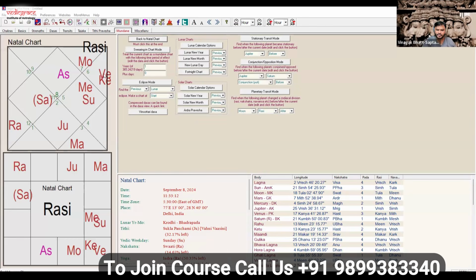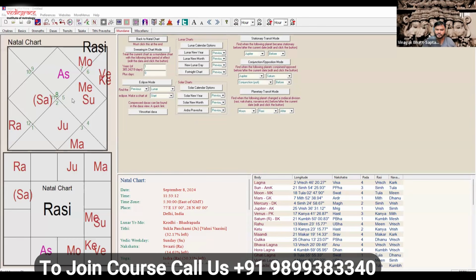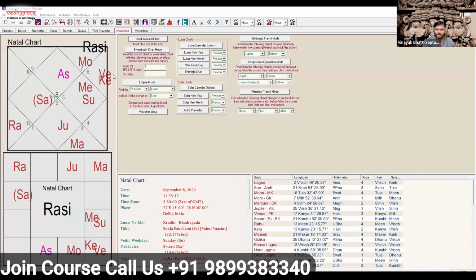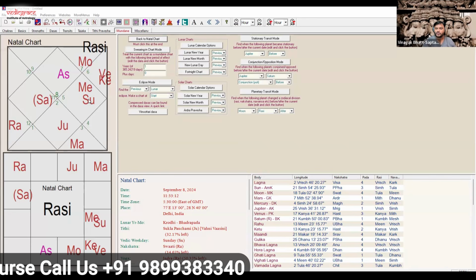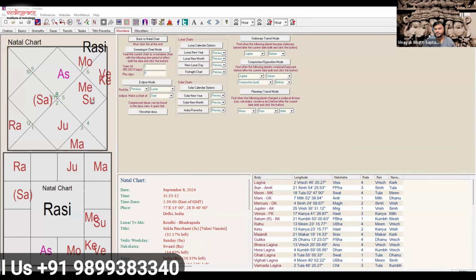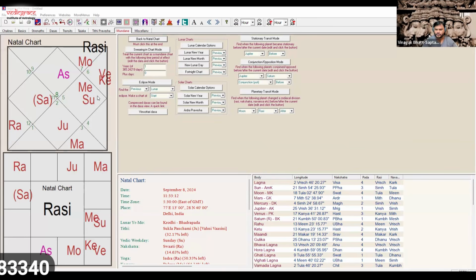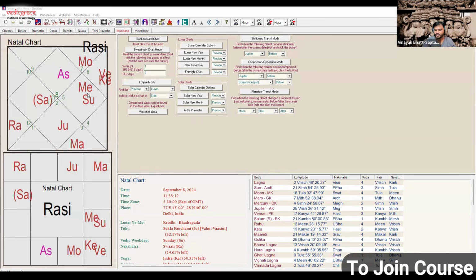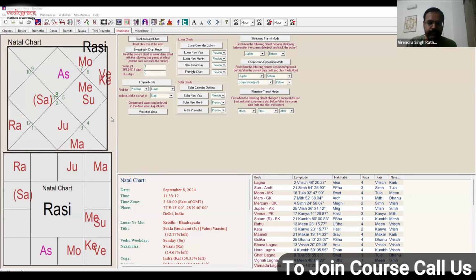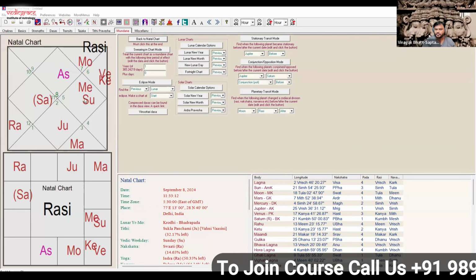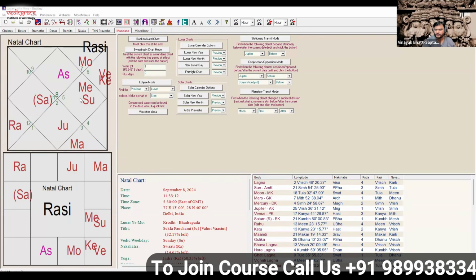In this chart, you can see Venus traveled from the Leo sign where the Sun is already present. For understanding purposes, ignore Mercury and Ketu, just put Venus and Sun. So in this particular chart, the past of Venus is Surya.